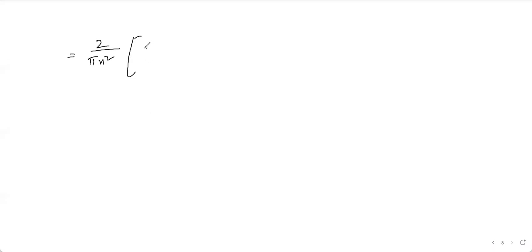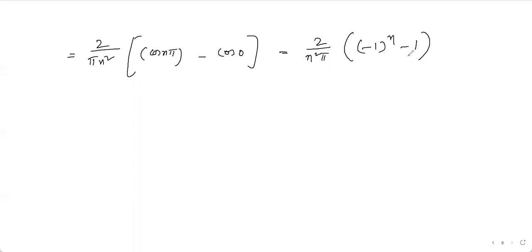So that will be cos n pi minus cos 0, which results in 2 by n square pi times minus 1 to the power of n minus 1. So we got an as 2 by n square pi times minus 1 to the power of n minus 1.